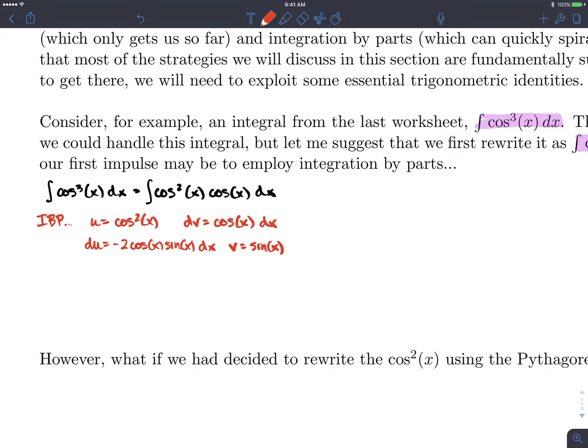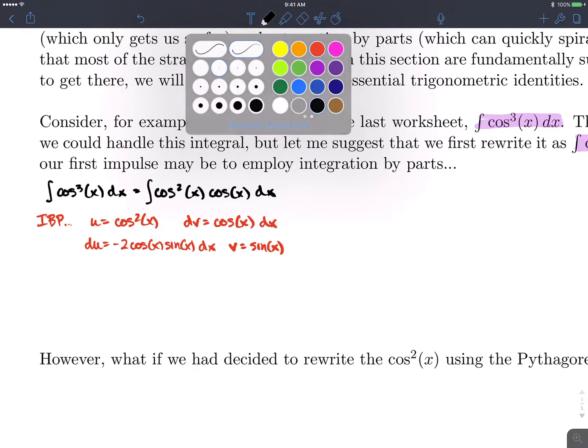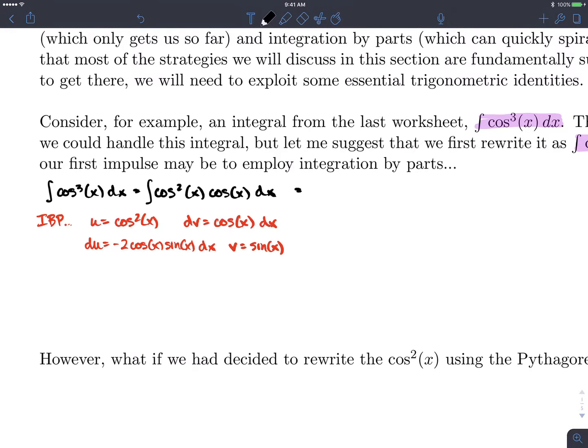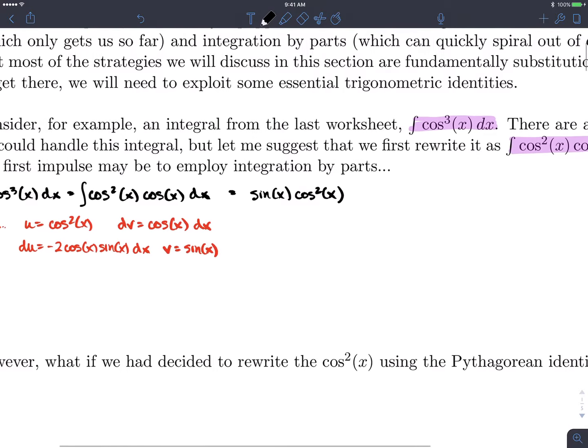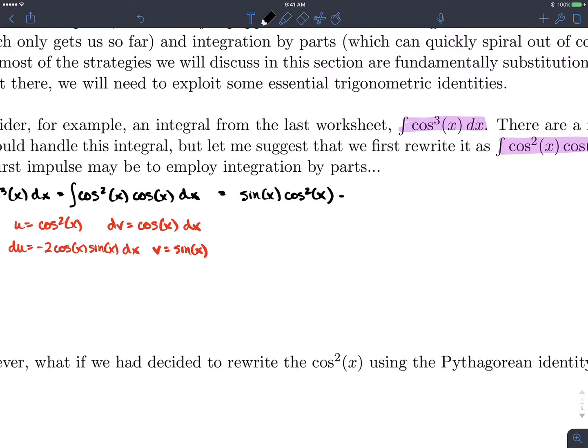Alright, so now we're ready to do our integration by parts. We would have u times v, so sine of x times cosine squared x, and then minus the integral of v du.